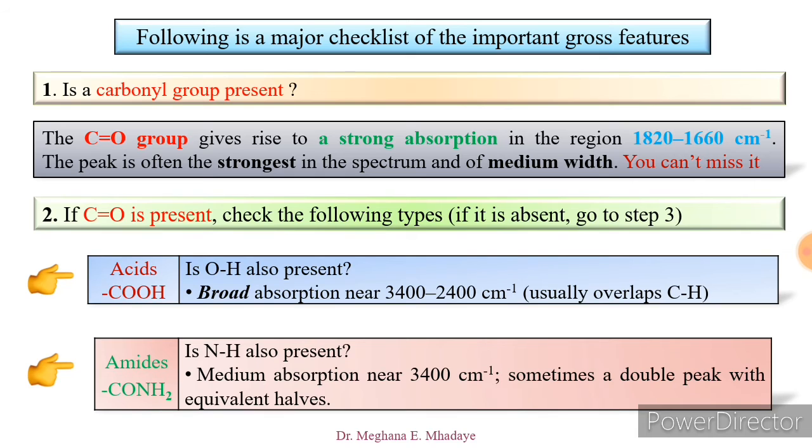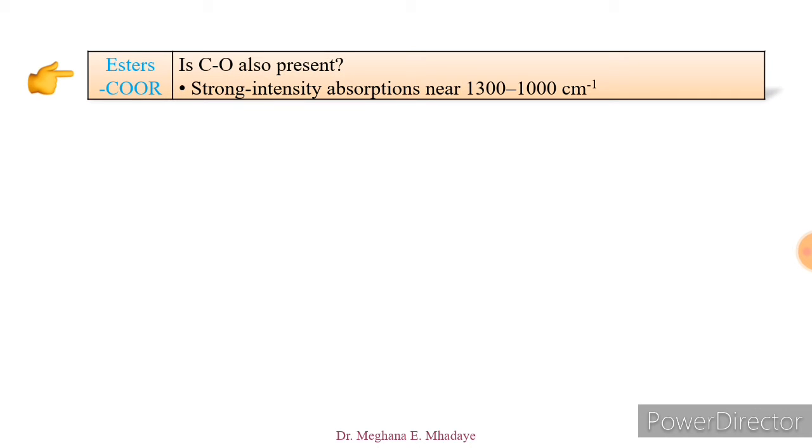Medium absorption near 3400 cm inverse, sometimes a double peak with equivalent halves. Third, ester, that is C double bond O, OR functional group. Is CO also present? Strong intensity absorptions near 1300 to 1000 cm inverse.